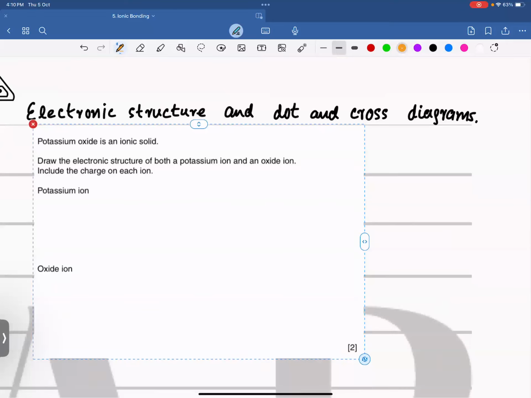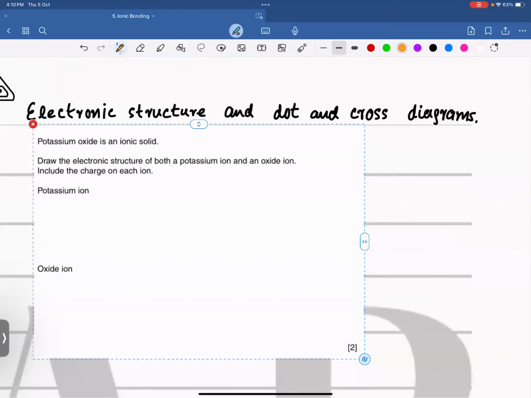So if you have the data, you can open it. Okay. So I will tell you the atomic number. For potassium, it's 19, and for oxygen, it's 8. You have to draw the electronic structure of the ions.